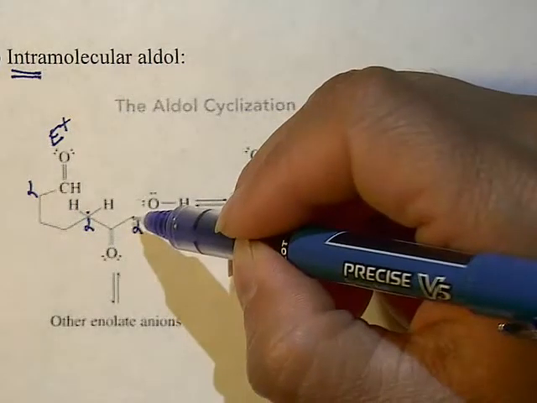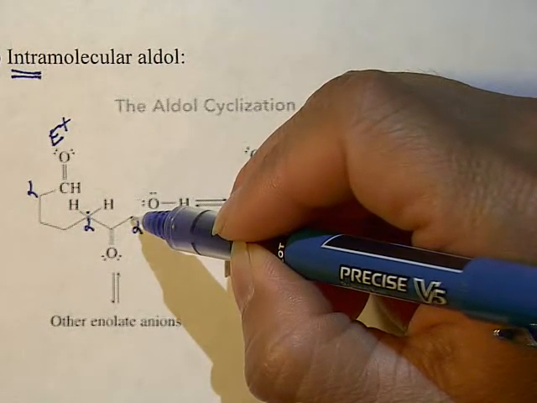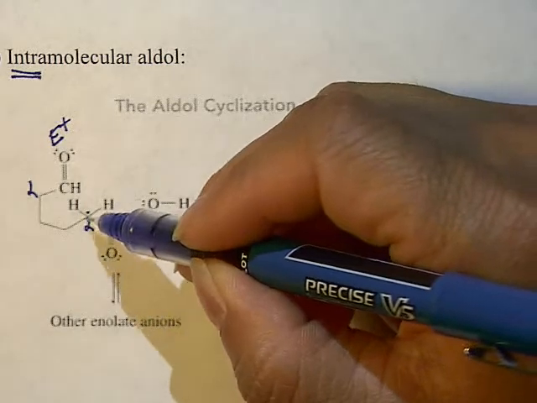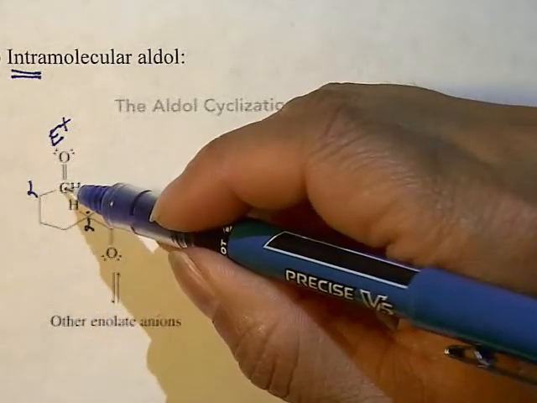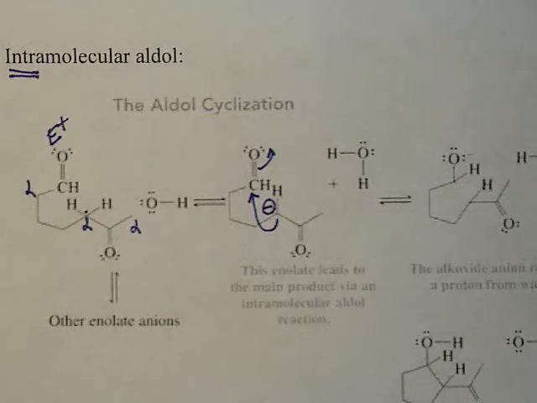Whereas if I made the negative charge here, making the enolate here, then it would be a 1, 2, 3, 4, 5, 6, 7 member ring. And as you know from 114, 5 and 6 member rings are the more readily formed ring sizes for many reasons, and a 7 member ring is going to be harder to form.